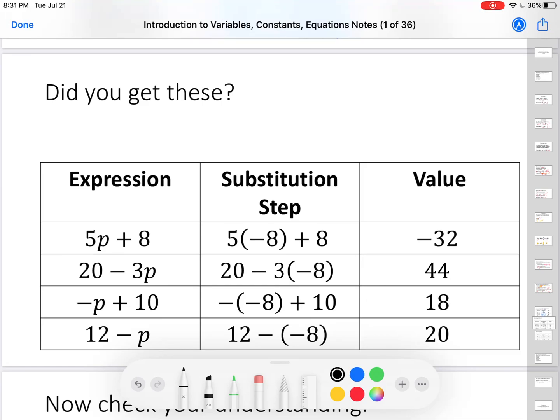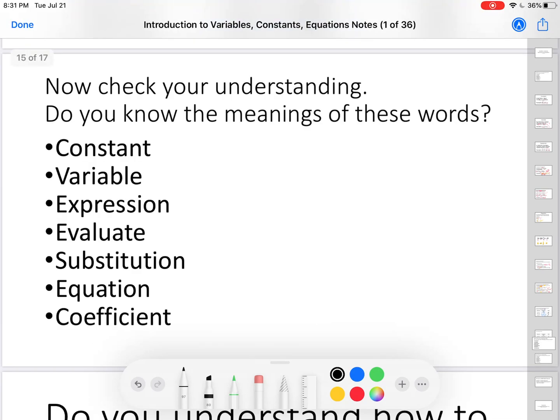All right. Next, check your understanding. Do you know what a constant is? Do you know what a variable is? Do you know what an expression is? Can you evaluate an expression, whether it's a constant expression or an open expression? Can you show me substitution? Do you know what an equation is?